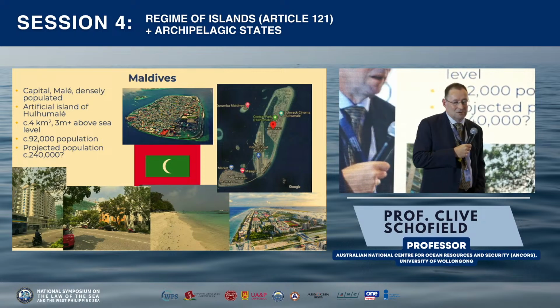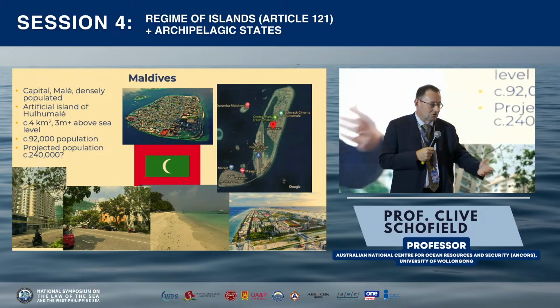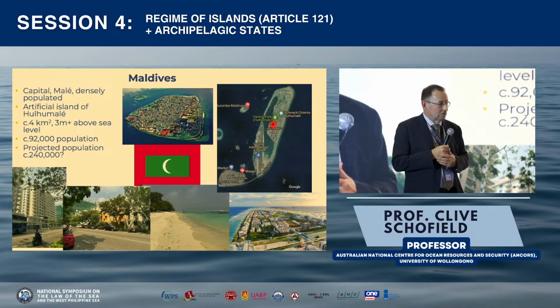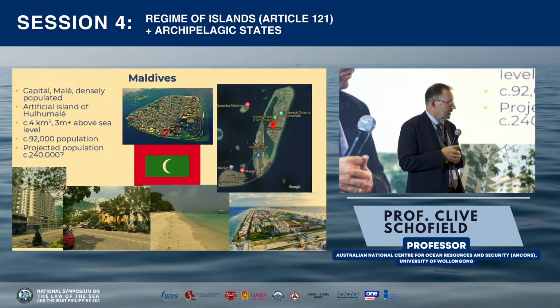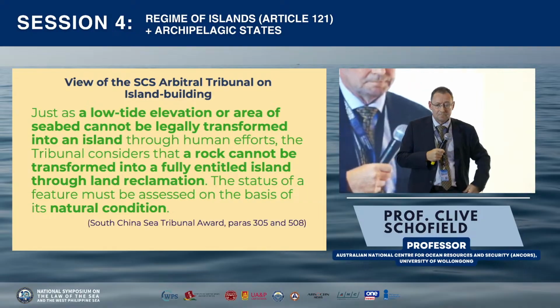There are costs involved, but that's a different argument and issue around the consequences of this action. But Maldives has made very impressive moves to overcome the sense of threat to their national survival through artificial island building.